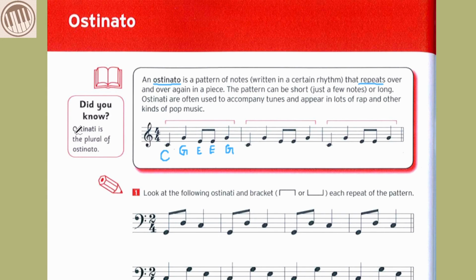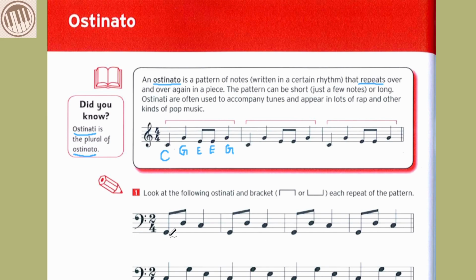Okay, just remember, ostinati is the plural of ostinato. That means if you have lots of ostinatos, you can call them ostinati. So all we have to do here in the first exercise is to bracket the ostinati. Take a good look at your question. This is in the bass clef.